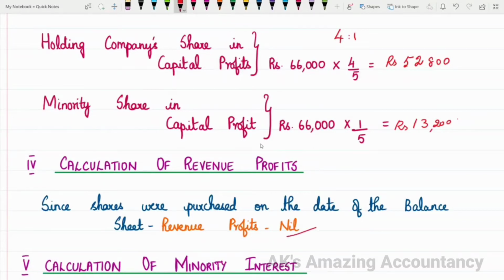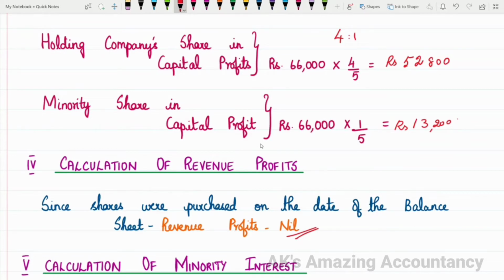That is why I have given you revenue profits nil. I hope you can understand why there is no revenue profit, because all the shares were purchased on the date of the balance sheet itself. So the information available is as on the date of the balance sheet, as on the date of acquisition, and as such, you have everything to do only with capital profit, and there is no revenue profit at all.